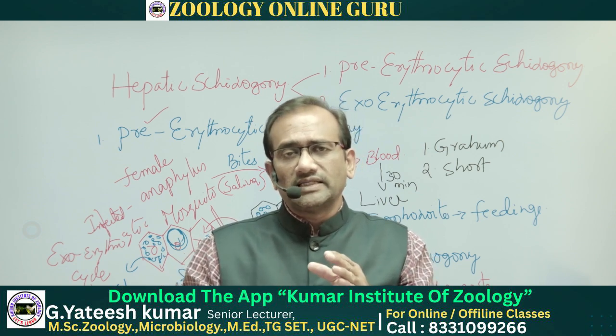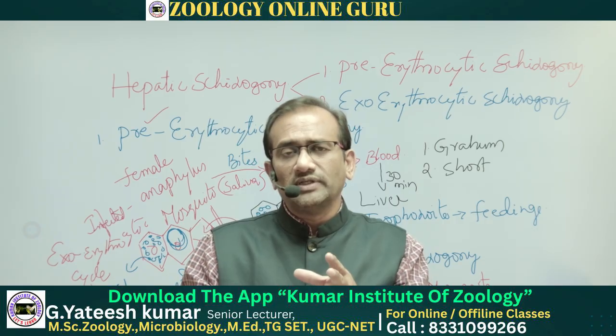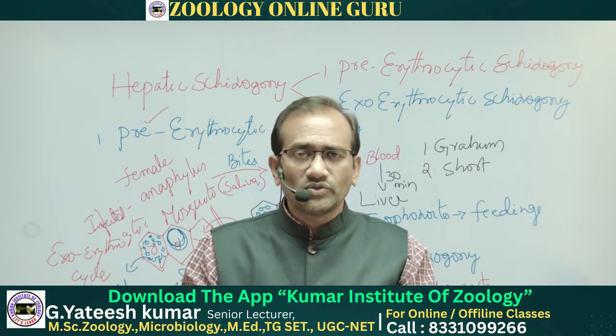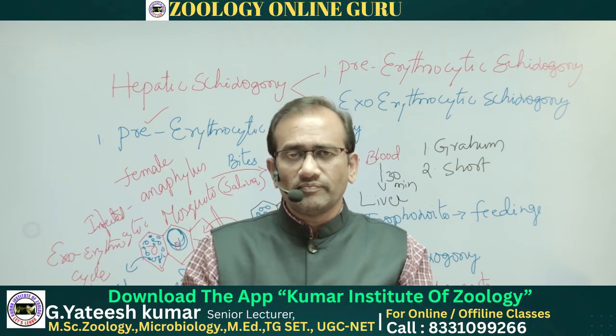In the pre-erythrocytic cycle, the sporozoites enter into the liver cell and produce 12,000 cryptozoites, also known as first generation merozoites.